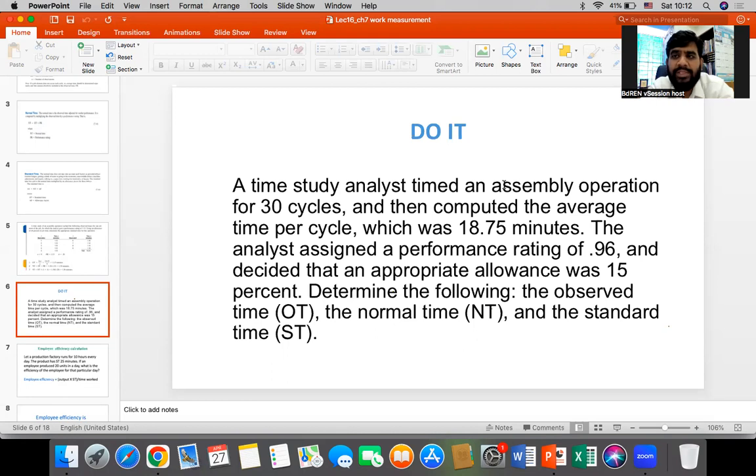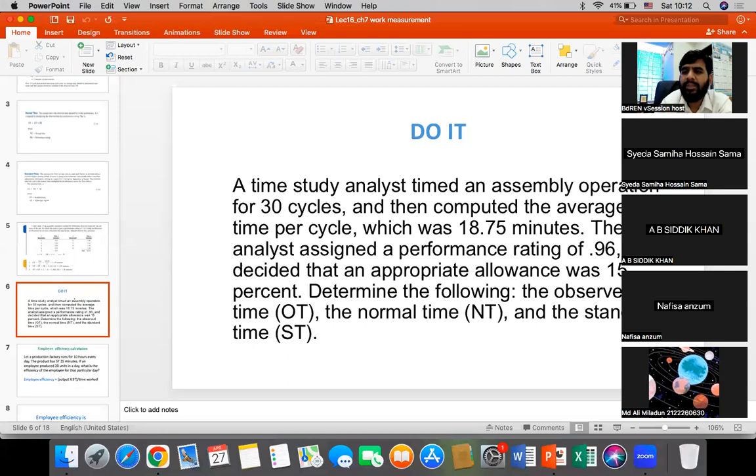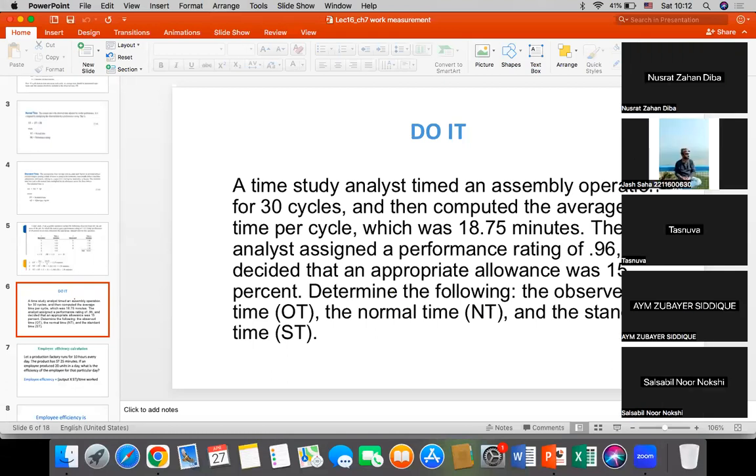Read for a few minutes and then tell me. Miladun, you will tell me what is the observed time.